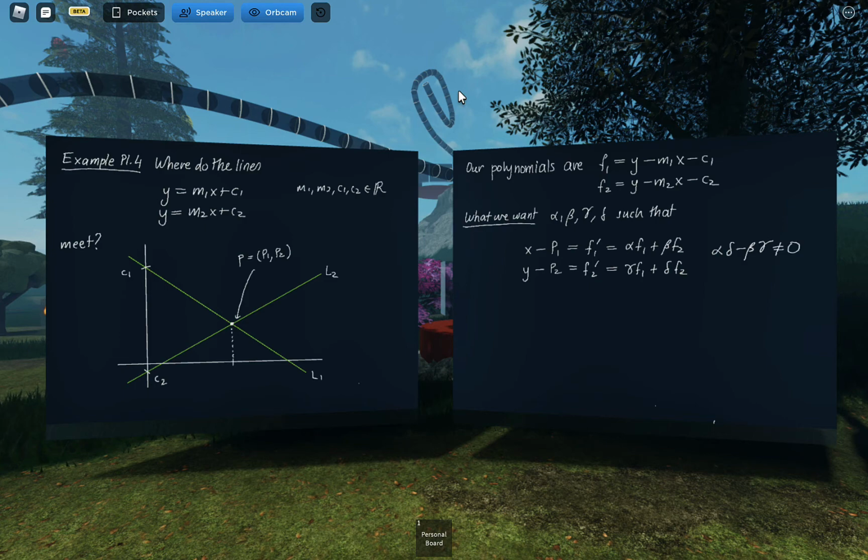Now if we can arrange for that, that is if we can find alpha, beta, gamma, and delta such that f1 prime and f2 prime, thus defined, do have this form for some P1 and P2, which are numbers, then by what we've said, the solution set of f1, f2 will be the solution set of f1 prime, f2 prime, and that's easy, right?